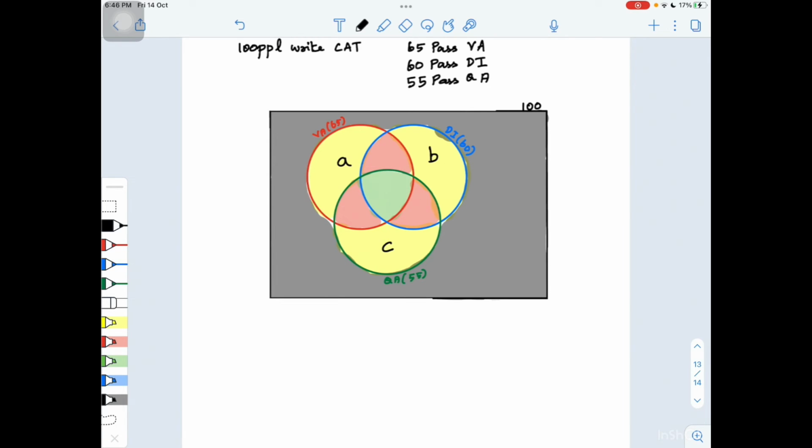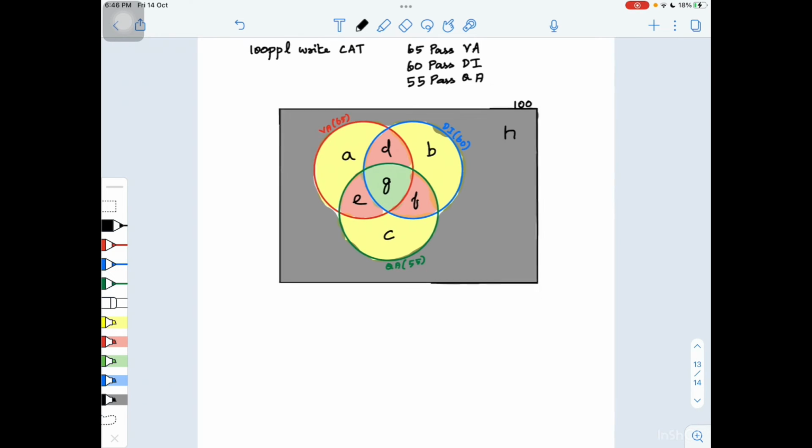These yellow regions are one overlap region, and these red regions are 2 overlapping regions. These green regions are 3 overlapping regions, and this black or gray region is no overlapping region.